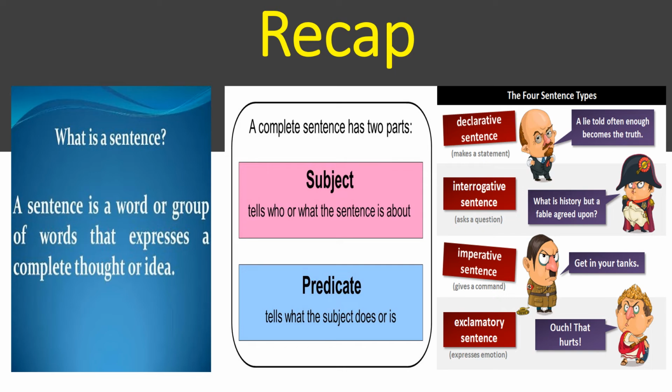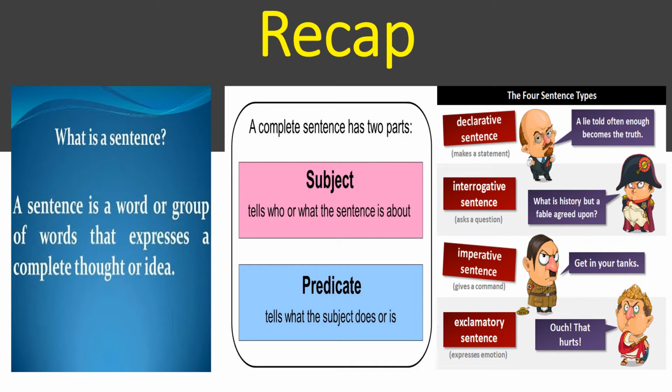So, children, here ends the chapter in grammar, which is the sentences. Now, I have taught you all what sentences are. I've taught you all the two parts of a sentence, and I also did teach you all the 4 sentences with definitions and examples. So, can we quickly do a recap of what we learned? From the first, what is a sentence?